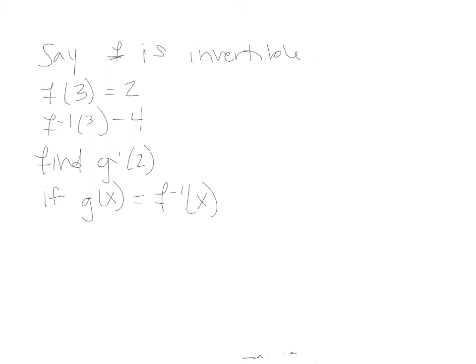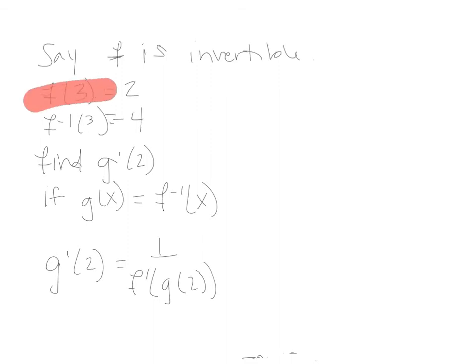So we know from the formula that g prime of 2, which is the inverse, is 1 over f prime of g of 2. Remember, g is the inverse. So we're going to look here because everything that's x is y and everything that's y is x, right? I have f of 3 is 2 right there.